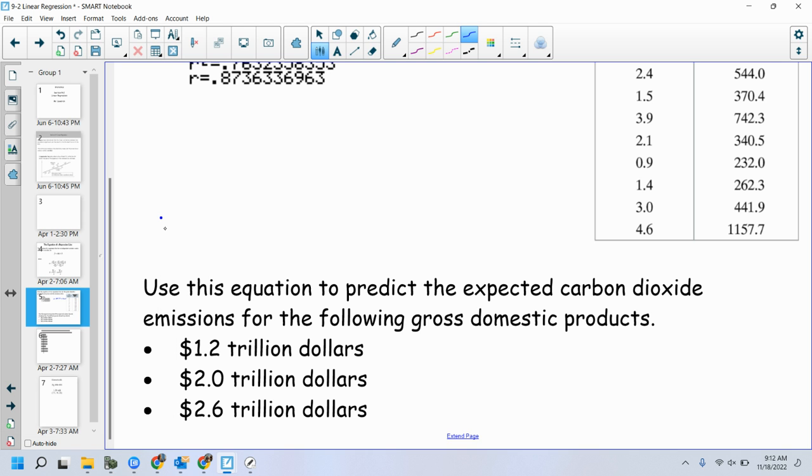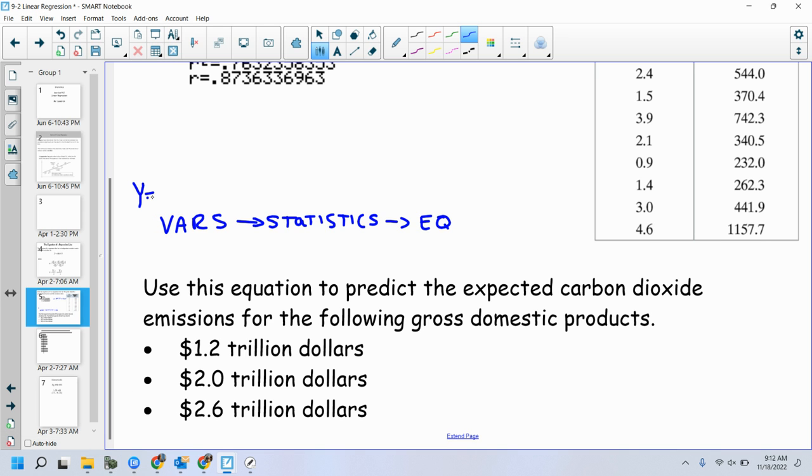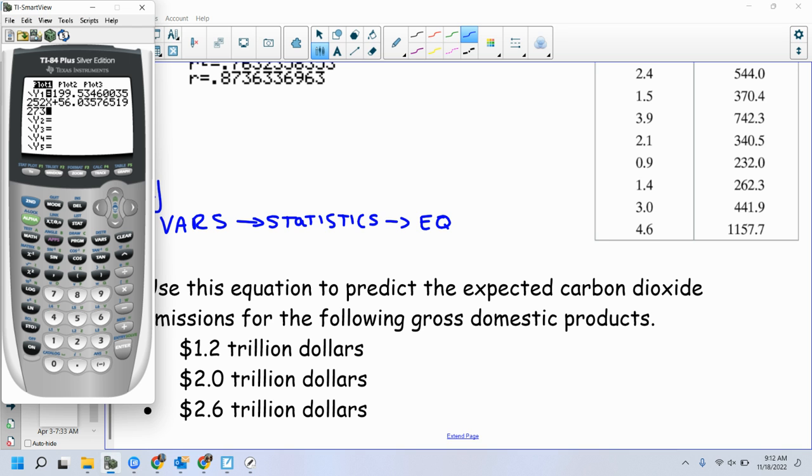Again, that was VARS, statistics, and then to EQ. You have to start in your y equals. Now, hit zoom, stat, and you should see not only your scatter plot, but also the regression line come through.